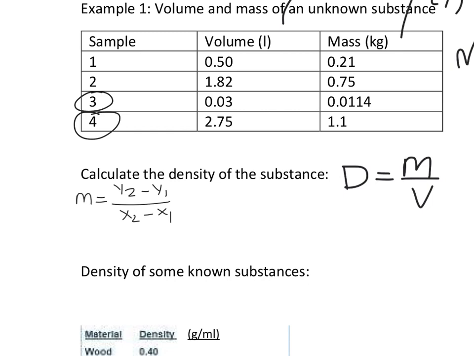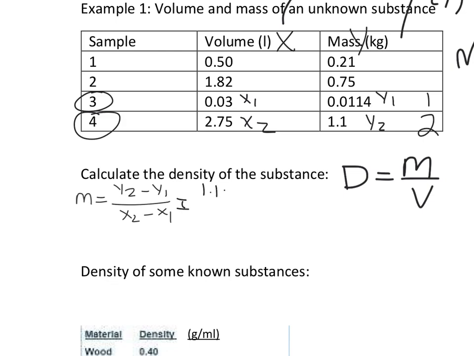So I'm going to call this point 2 and this point 1, which means I can then substitute my values in here. These would be my y values. These would be my x values. So therefore, this is x1 and y1 and x2 and y2. So I can just substitute those into my equation at this point. y2 is 1.1.